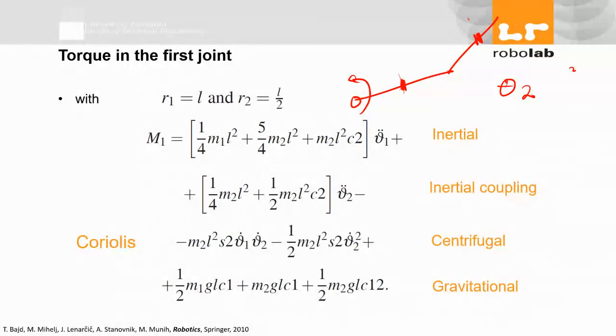So C2 is cos theta 2. Yes. And C12 is cos theta 1 plus theta 2. Exactly.